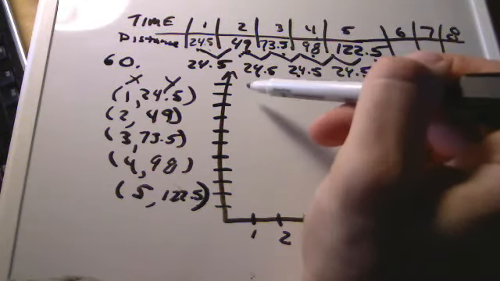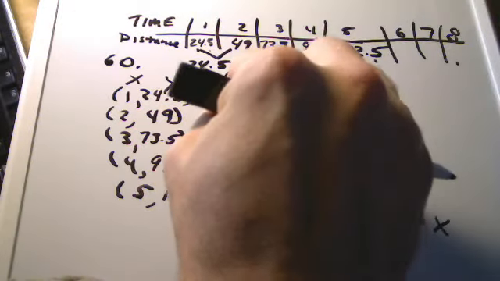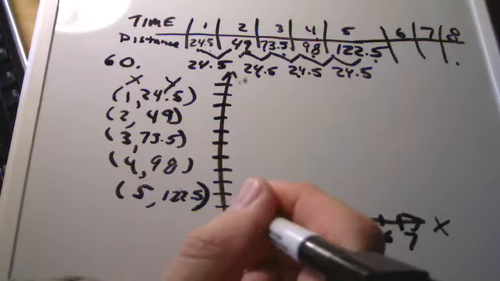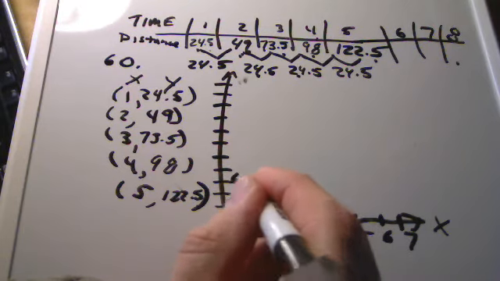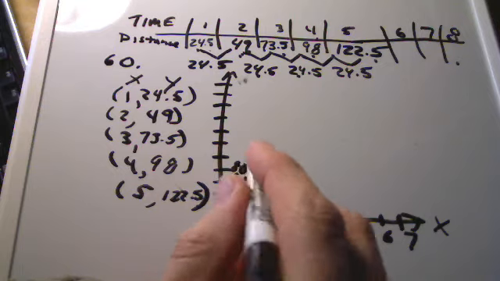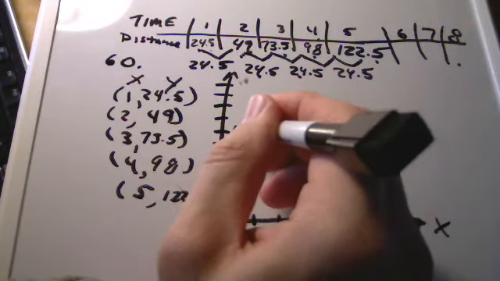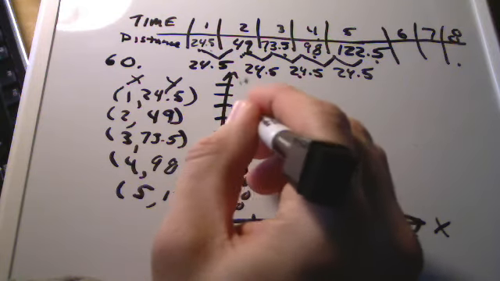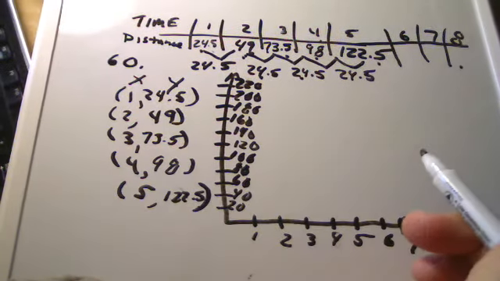So I need to end up with a bigger number at this last interval. I'm thinking 10, 15 are going to be too small, so let's try 20. 20, 40, 60, 80, 100, 120, 140, 160, 180, 200, 220. That should probably cover it.